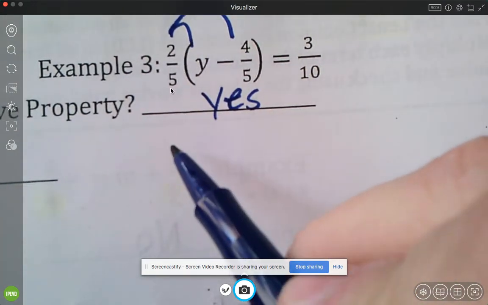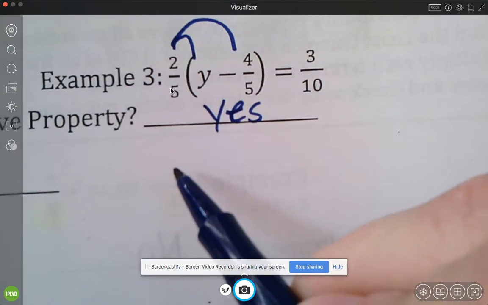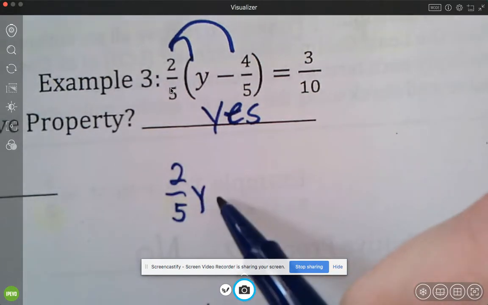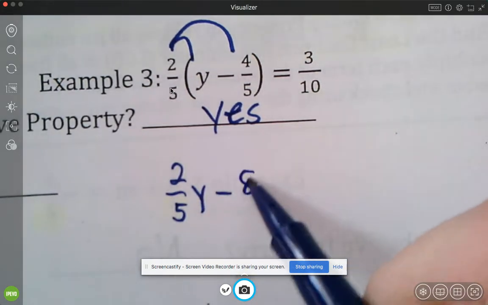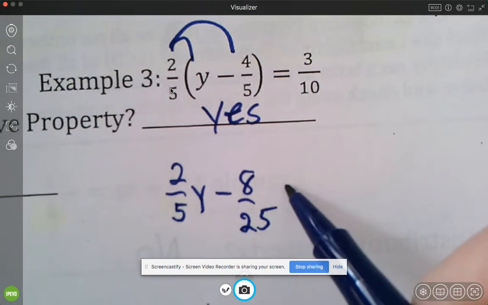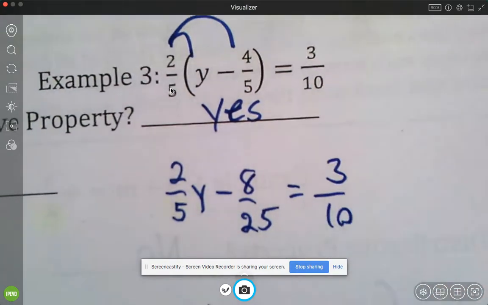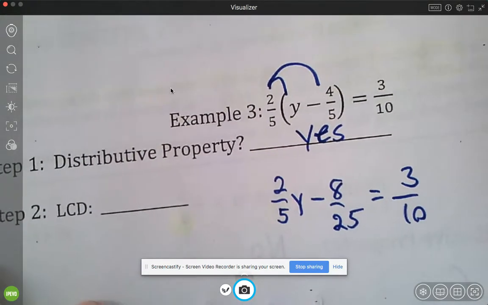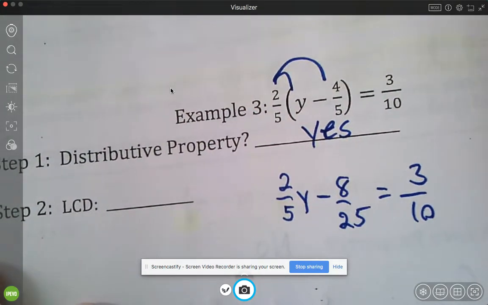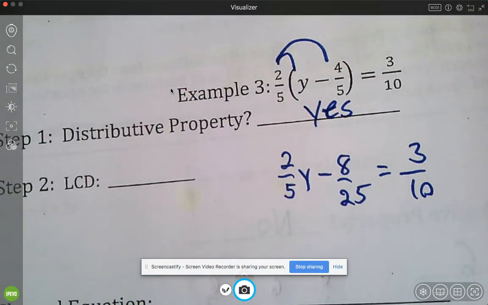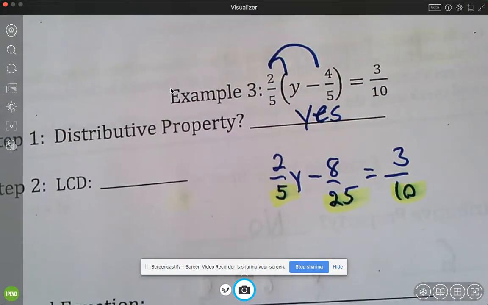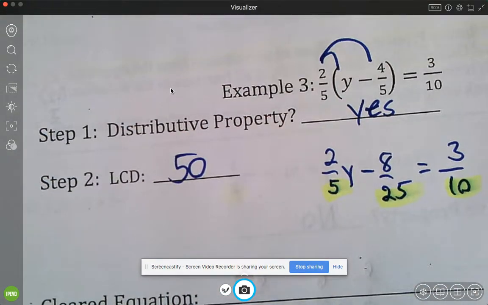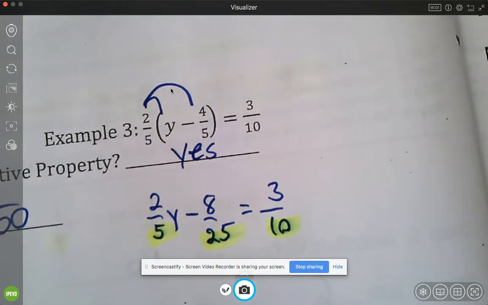So anybody want to try to distribute this? 2/5 y and then minus 8 over 25 equals 3 over 10. All right, so now we need to come up with the least common denominator. What's the least common denominator that goes into 5, 25, and 10? Yeah, it's actually 50. So now we're going to multiply each term by the number 50.